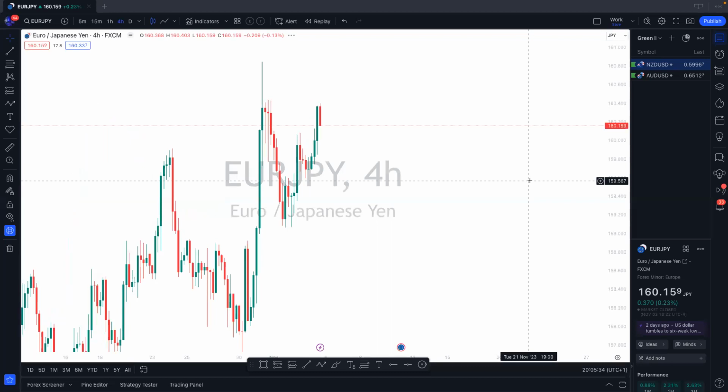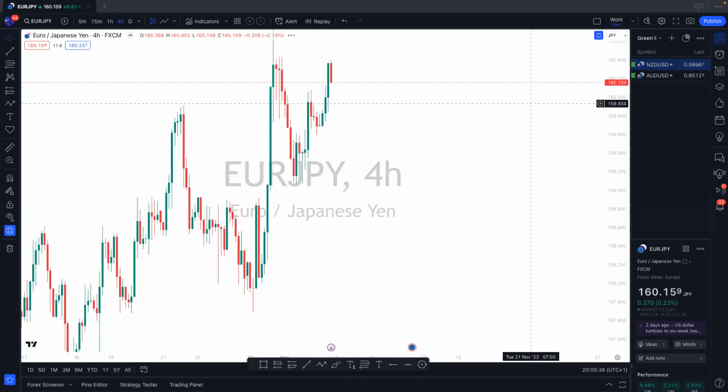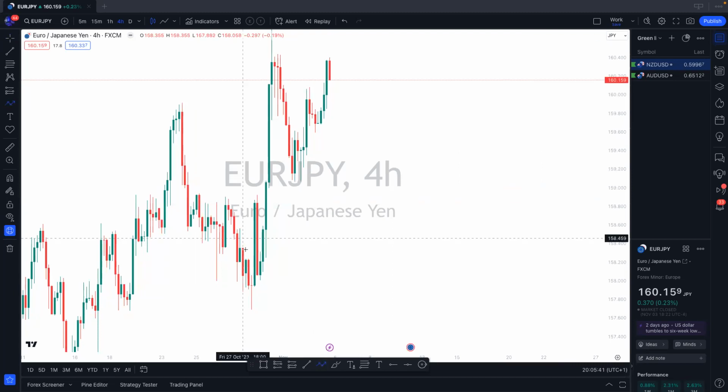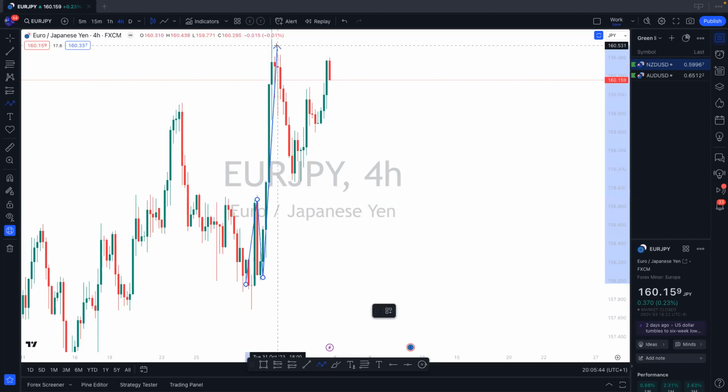What's it doing? The 4-hour time frame is more or less bullish. Price created a high, higher low, higher high, higher low. Then price failed to create a higher high in one go, but at the same time did not create a lower low. So we created another small higher low, and price is now creating a higher high.